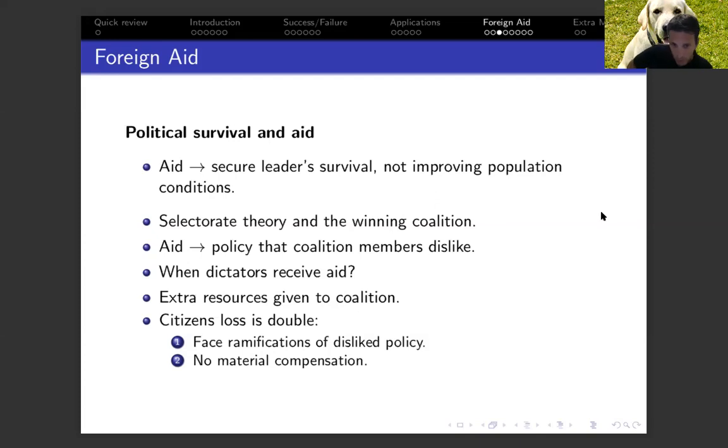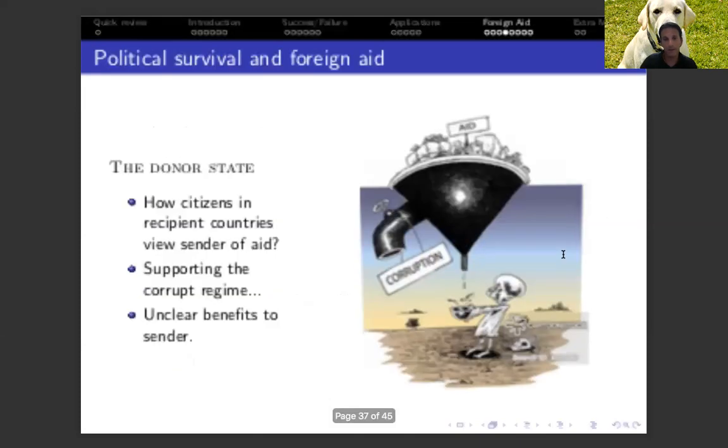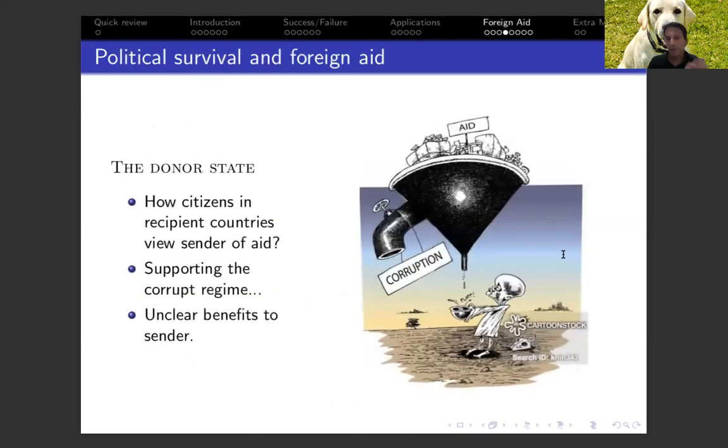Now, we can think about how those kinds of policies and how those kinds of outcomes lead to different views of the sender state, how the donor state is viewed within the public of the target state. So how do citizens in the recipient countries view the donor states?